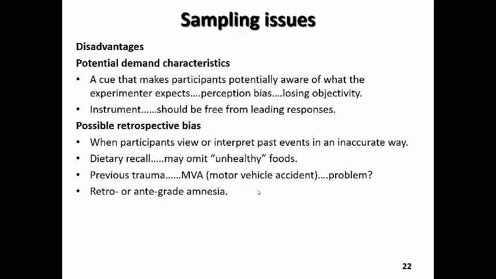The person may not recall certain activities that led up to the accident, which is retrograde amnesia, or the events after the accident, which is called anterograde amnesia. And so this does pose a problem with the accuracy of information if this is part of a research study.